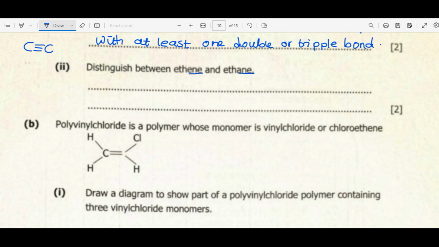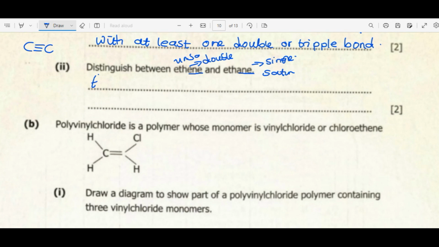So the difference is this one has a double bond. Then for this one, we are expected to have a single bond. Or if you want, we can just use the word ethene is unsaturated while ethane is saturated. So if you want, we can give it such a way the answer is still correct.